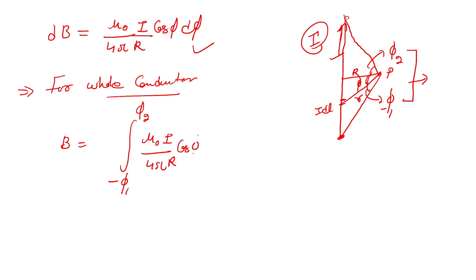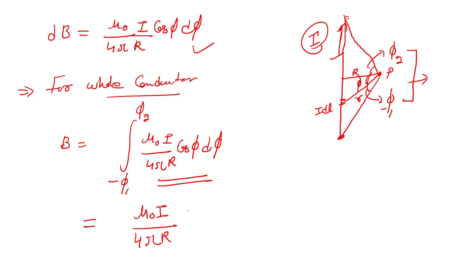So it will become μ₀I over 4πr, integral of cos φ dφ. When you integrate it further, it will become μ₀I over 4πr, and putting in the limits, it will become sin φ₁ plus sin φ₂. I am integrating it directly; you can do it briefly yourself so you will also get an understanding of integration.